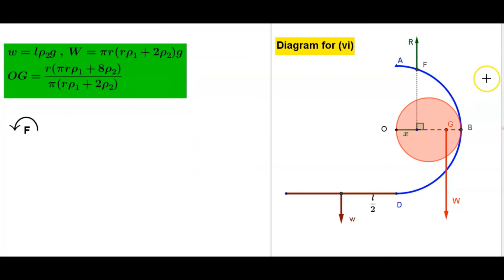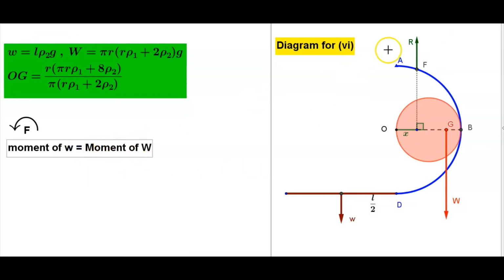For this equilibrium, we take moments about point F. Therefore, this force won't come. Therefore, the moment of small w is equal to the moment of capital W. The moment of small w: from here, x, and here L by 2.